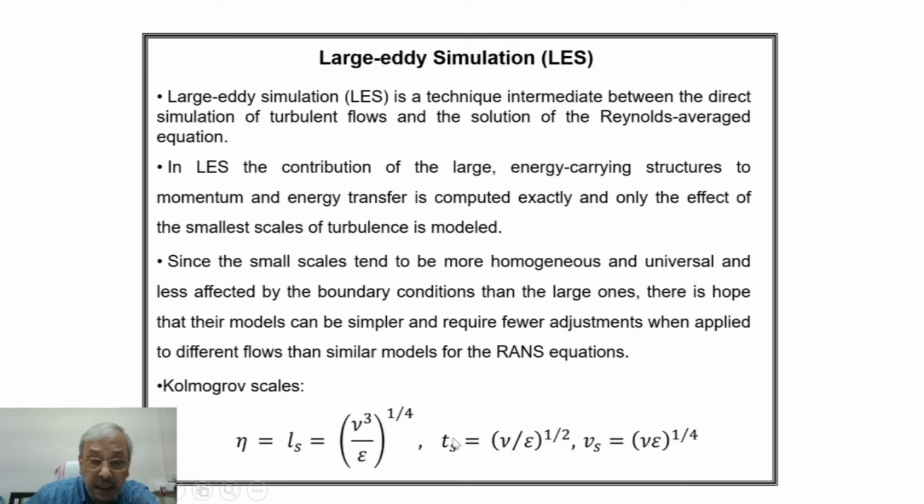And commensurate with the Kolmogorov length scale is a time scale, which is nu by epsilon to the power half, and a velocity scale, which is nu into epsilon to the power 1/4.